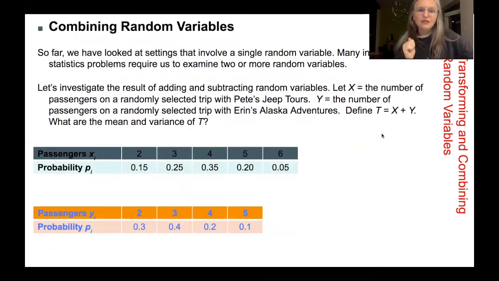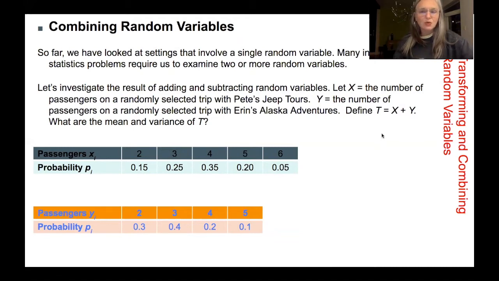So far, we have looked at single random variables. Most of the time, or a lot of the times though, we want to talk about how random variables interact with each other. Okay, so if I want to add them or subtract them. So let's investigate the result of adding and subtracting random variables.